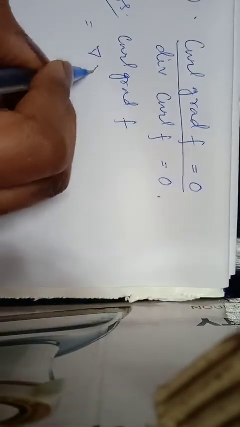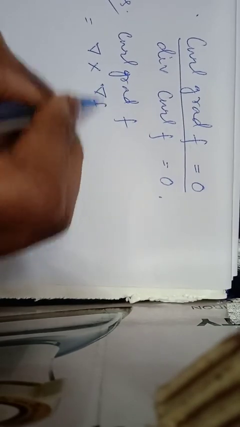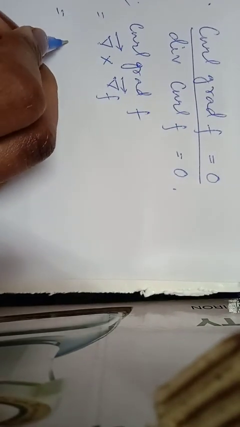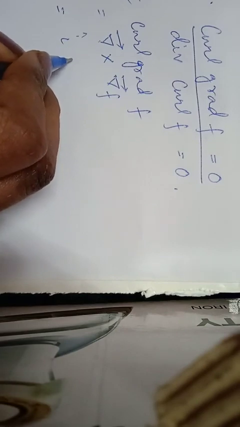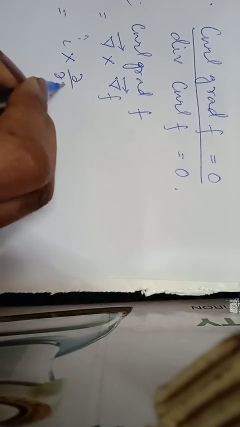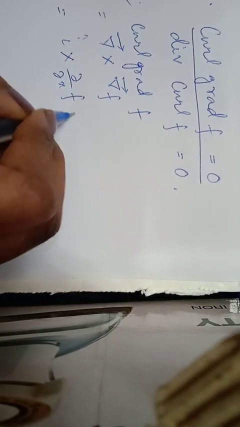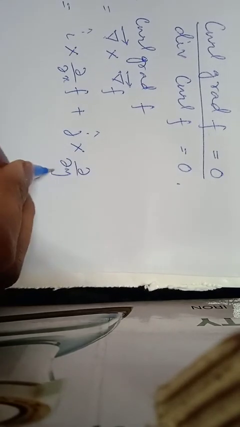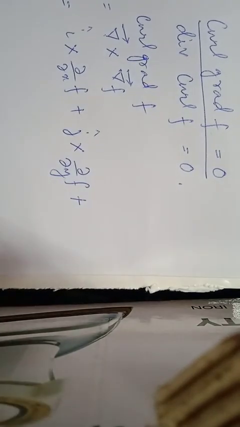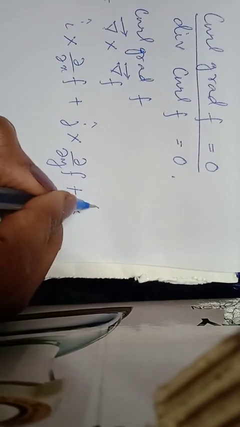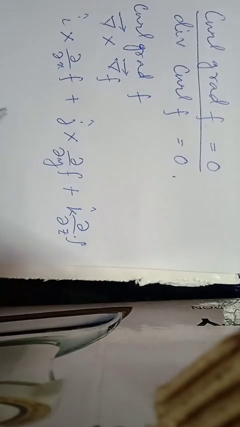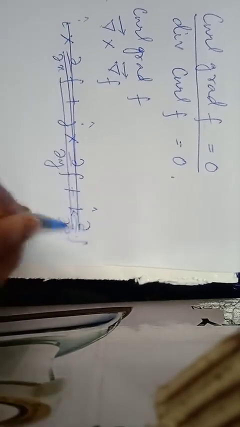That means del cross grad F, right? Now this means i cap cross del/del x of F plus j cap cross del/del y of F plus k cap cross del/del z of F. Oh, so sorry, not this thing.